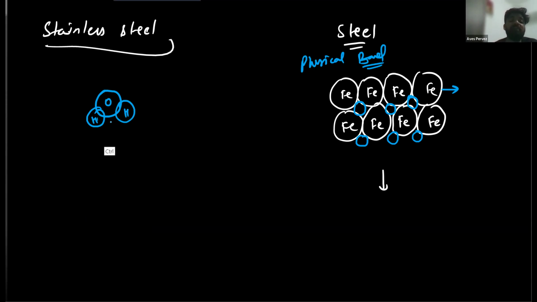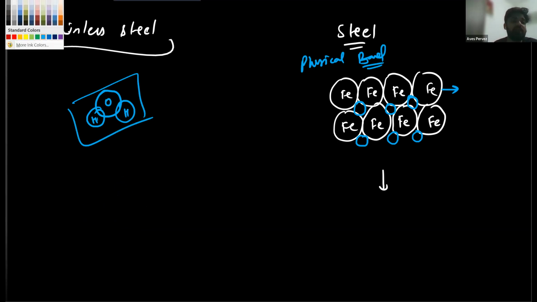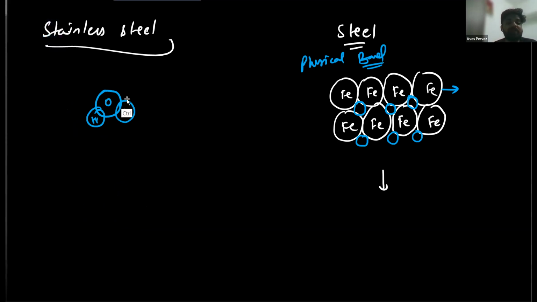Actually, they form a different particle, one oxygen atom and two hydrogen atoms forming a separate particle. When they combine, the electrons bond: one electron of hydrogen bonds with the electrons of the oxygen atom. We'll learn that in the next chapter, so I'm not going to discuss the electron basis here.